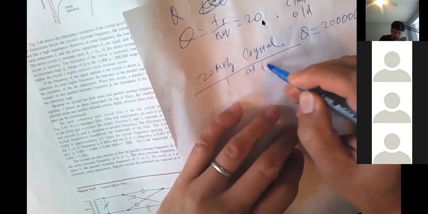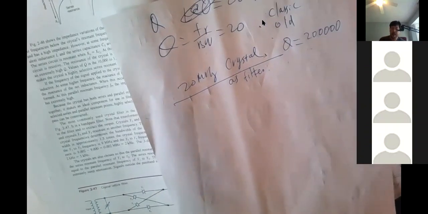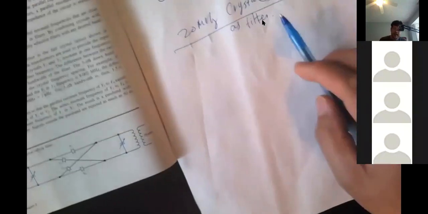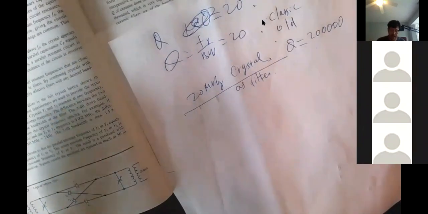That's why it's very commonly used in communication equipment. You have a quartz crystal as a filter because it has extremely high quality. This is probably the highest quality the engineers have ever built.